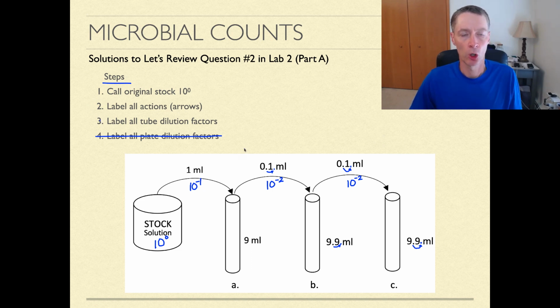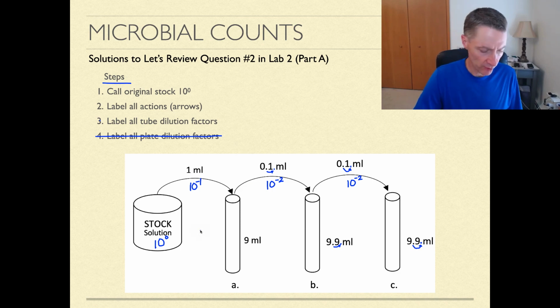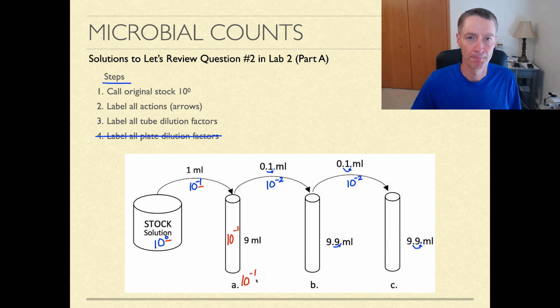We need to label all tube dilution factors. For this, all we have to do is add powers. So let's switch colors here for a second. We have a power of 0, a power of negative 1. We add those for the dilution factor in this tube, and it would have to be 10 to the negative 1. 10 to the negative 1 is our answer to part A. Next one, we are going to add powers.